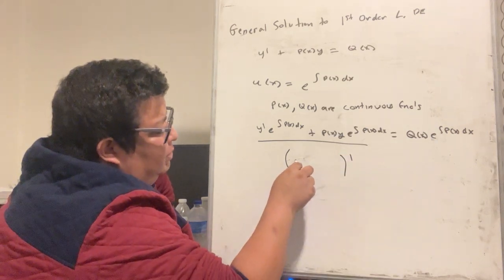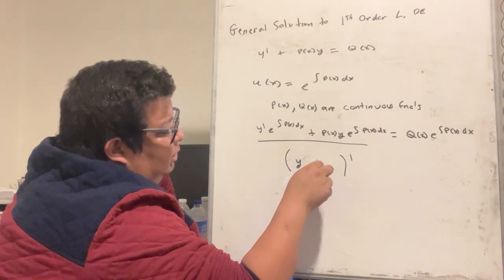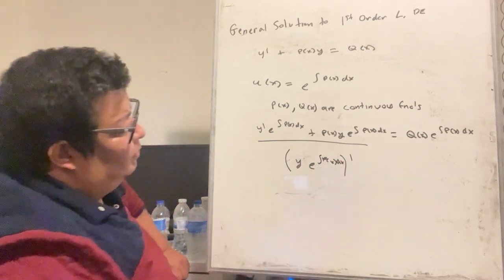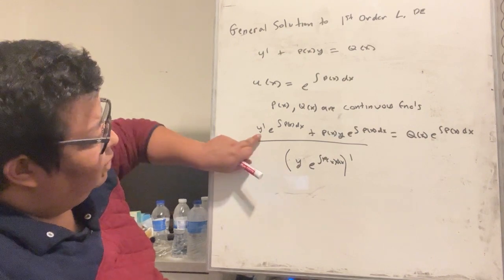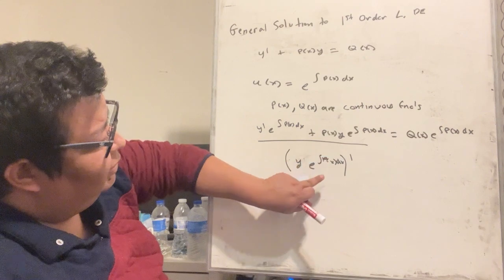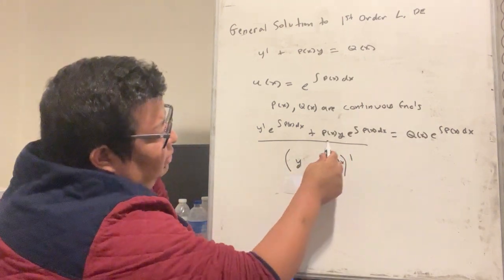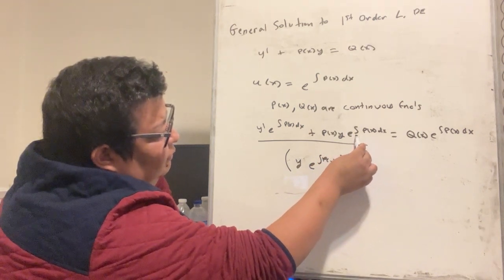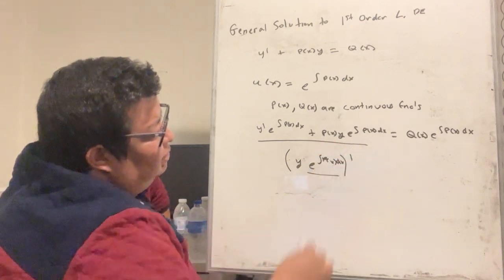So the product is going to be equal to y e to the integral of p(x) dx, because notice, if you take the derivative of the product, the first term is y prime times the second function, and then the second term is y times the derivative of this here, and that gives you this.